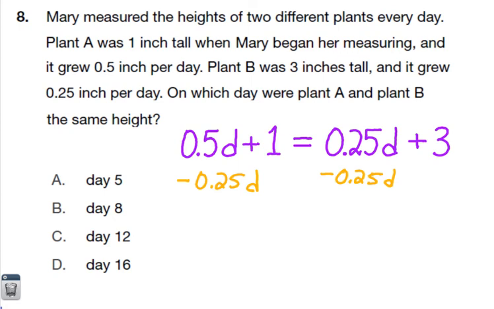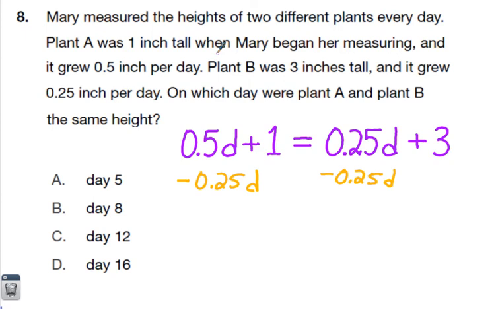And plant B's height is always going to be 0.25 times how many days have passed plus the original height of 3. You can set these two heights equal to each other to see what value for D would make these two heights equal.